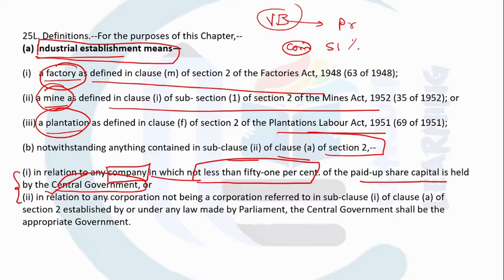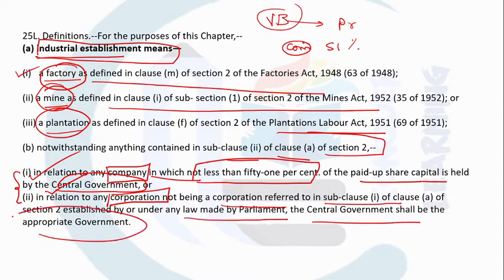Second clause, in relation to any corporation, not being a corporation referred to in sub-clause 1 of clause A of section 2, established under any law of Parliament, the central government shall be the appropriate government.